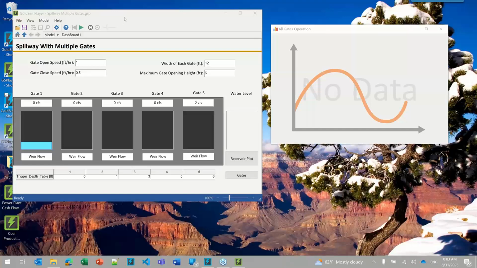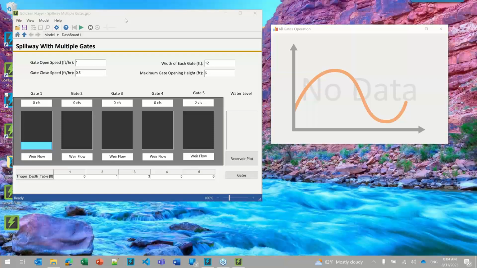Okay, so this is a model that simulates an outlet works on a dam that has 5 gates. The equations being used are assuming this is a radial gate that shuts down onto a smooth OG weir.